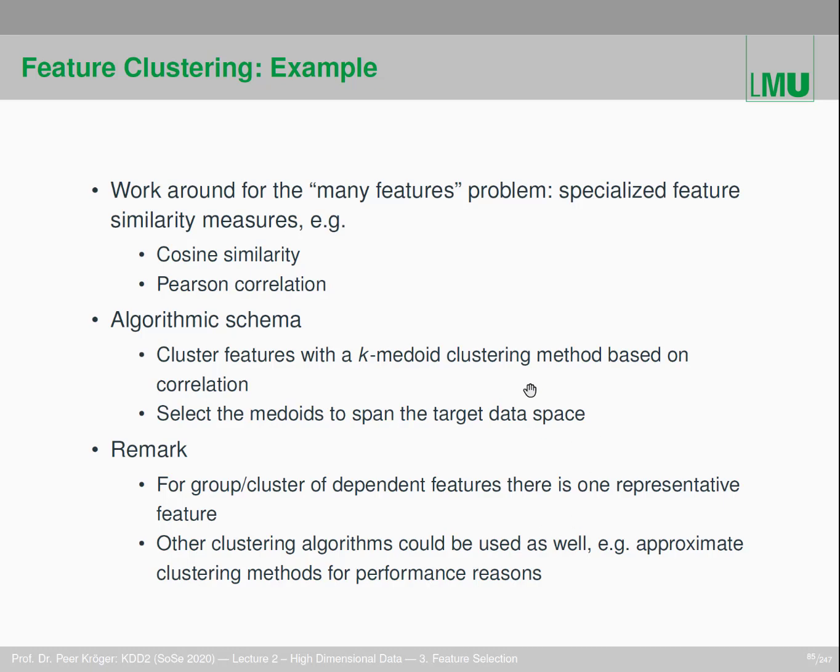So you are interested in compressed clusters. Compression is somehow your meta target. And you probably know from KDD1 that partitioning clustering algorithms are good for compression. So those clustering algorithms are probably a good idea to use, actually.